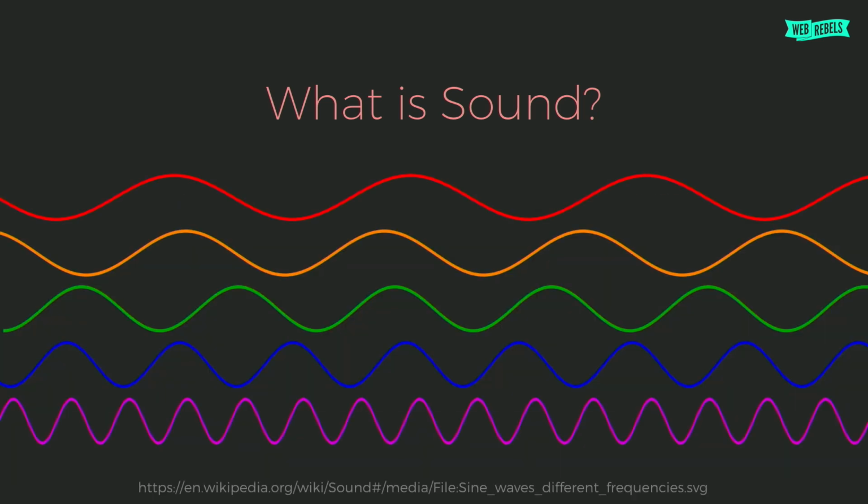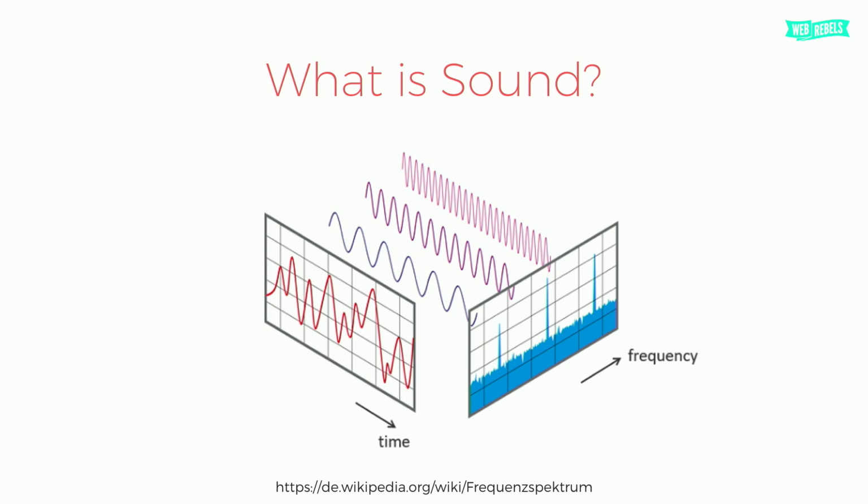What is important for us to know is that a complicated sound wave can be represented as a mixture of different sine waves with different frequencies and thus different pitch levels. Here you can see on the left in red, for example, a complicated sound wave, which could be a tone from an instrument or a spoken or sung voice.